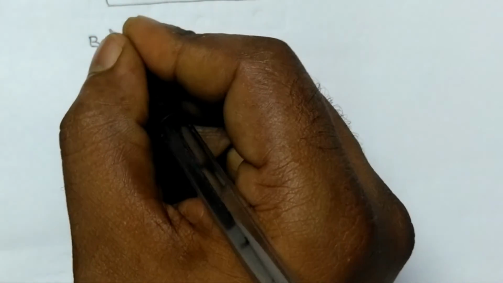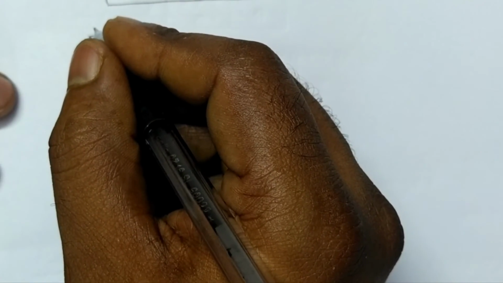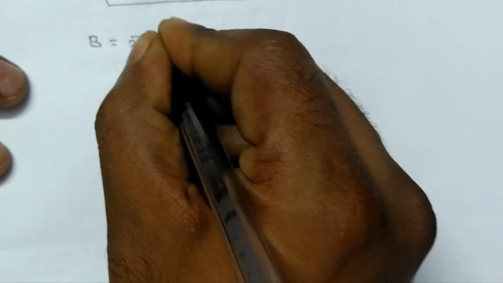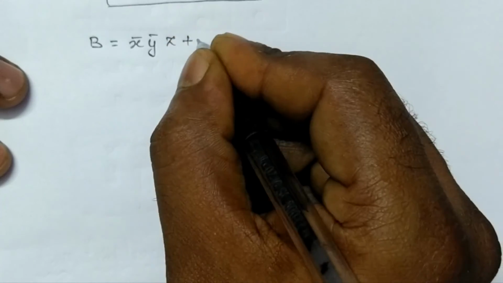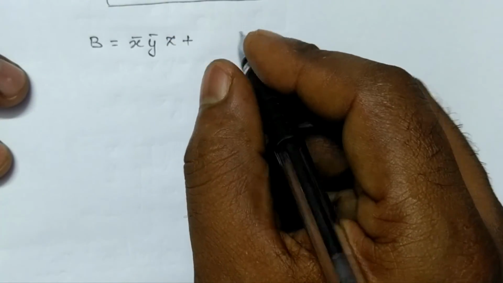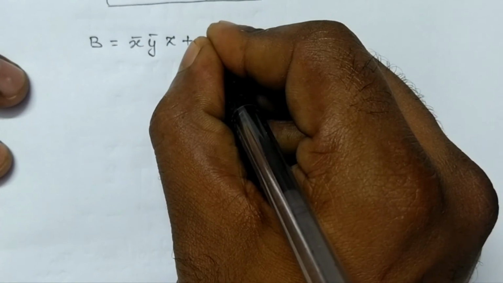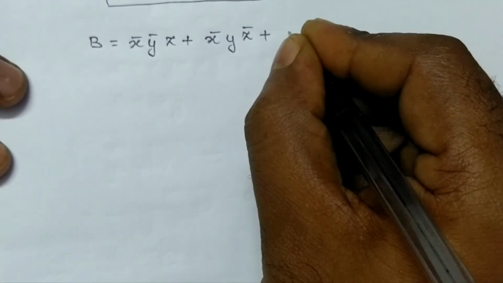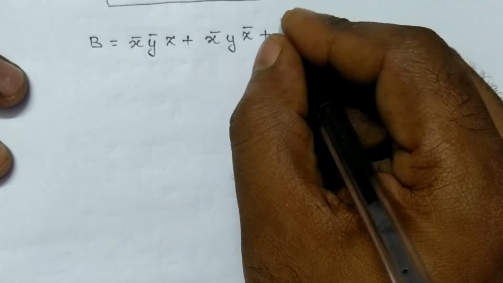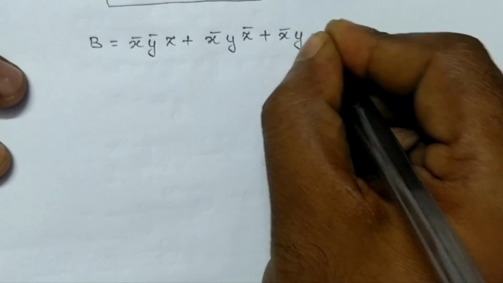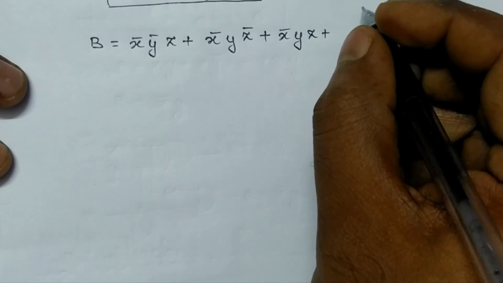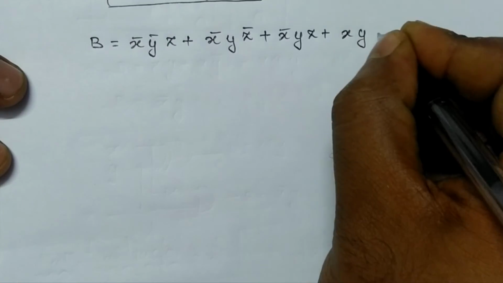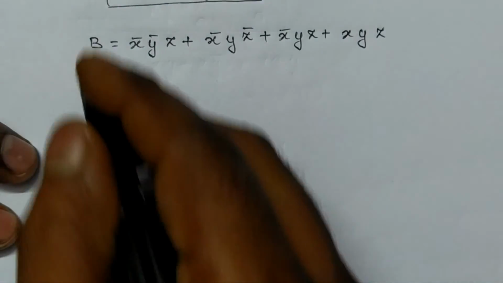Likewise for borrow, here the expression is x bar y bar z, which is from the truth table, then x bar y z bar plus x bar y z plus x y z.